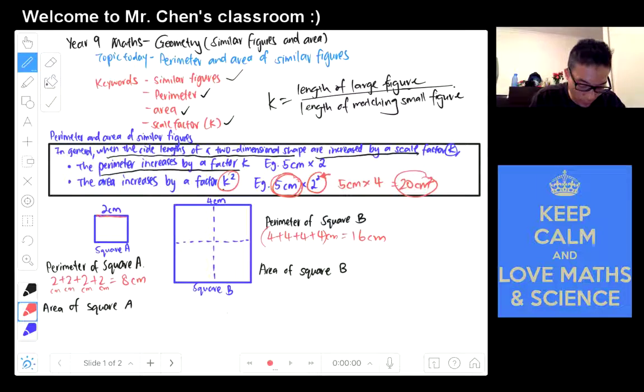So length there is 2 centimeters, width is 2 centimeters, so it's 4 centimeters squared. That's the area. The area of square B is again length times width, so 4 centimeters times 4 centimeters, which is 16 centimeters squared.